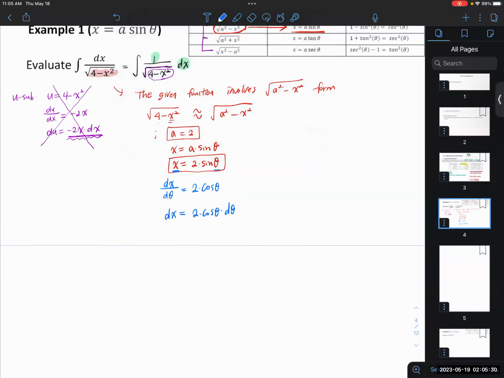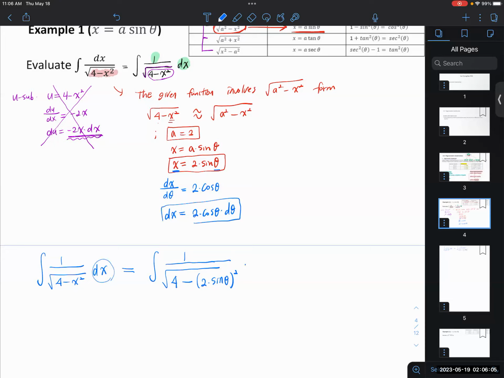Our original question was the integral of 1 over radical 4 minus x squared dx. Now I can change the x variable in terms of theta, because we just took the derivative of the x equation in terms of theta. So the integral of 1 over radical 4 minus, x is now 2 times sine theta squared, and we just converted dx to 2 times cosine theta d theta.